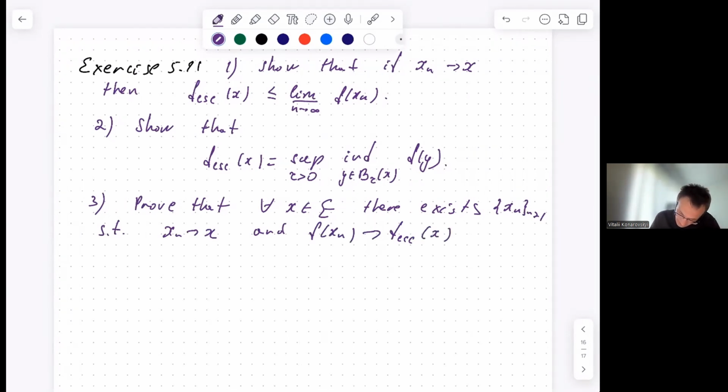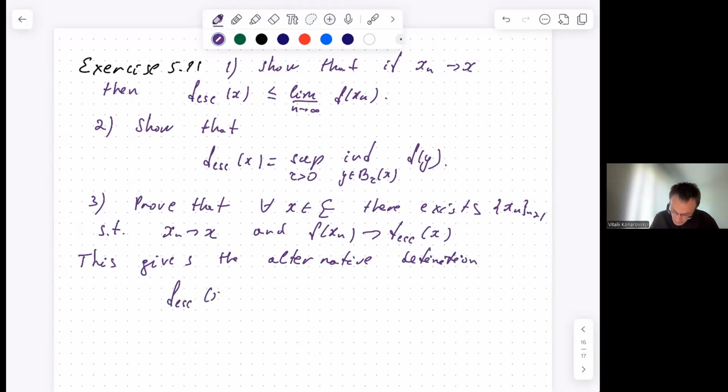This gives the alternative definition. Namely, f lower semi-continuous regularization is just the minimum: either it is the value of function f itself, or it is the lower limit over all sequences that converge to x of the function f of y.